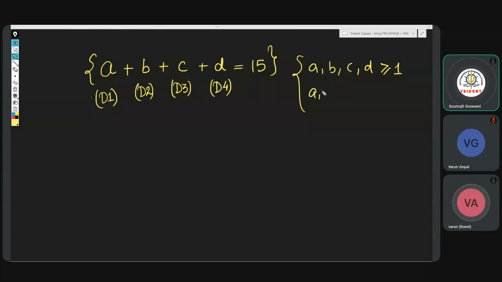Simultaneously, A, B, C, and D also have an upper limit: they have to be less than or equal to 6. These are the conditions. Initially we had just one condition, looking at just the upper limit. Now we have two conditions that we need to take care of. How do we do that?